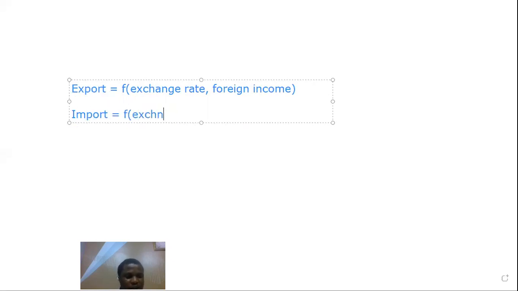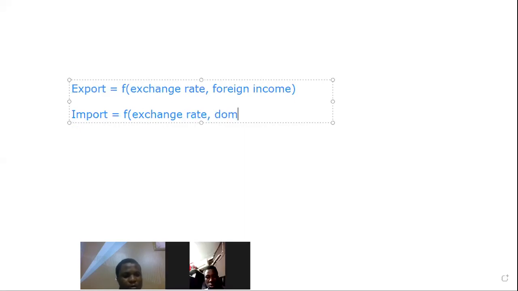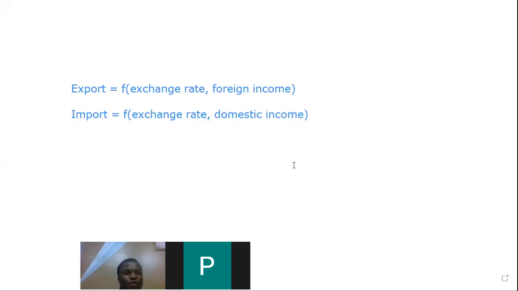One, exchange rate, and two, domestic income. So these are the two determinants of import.